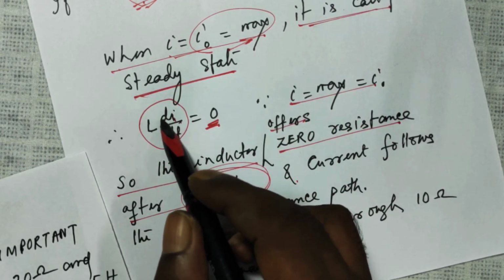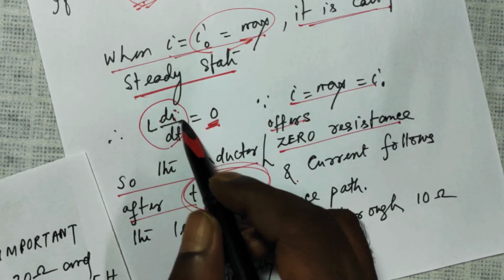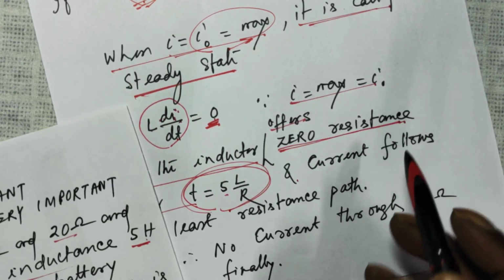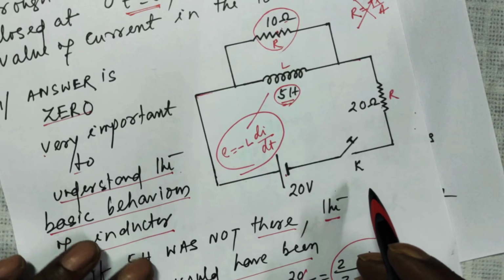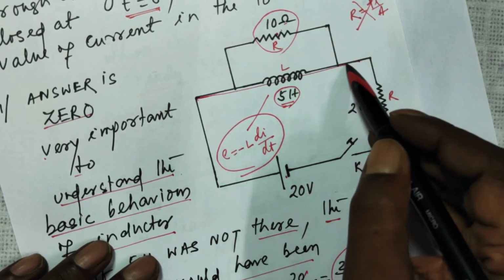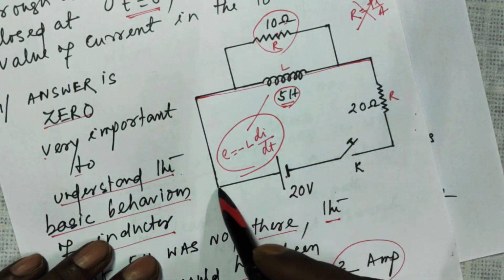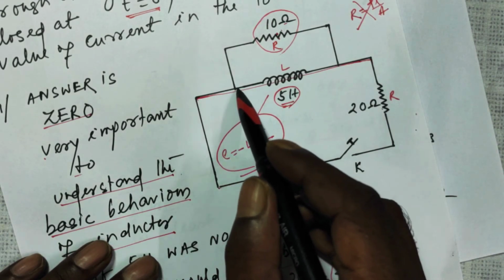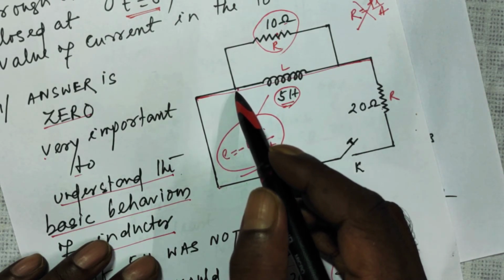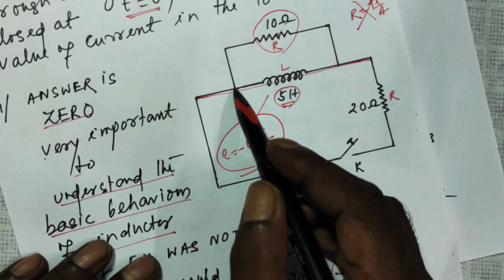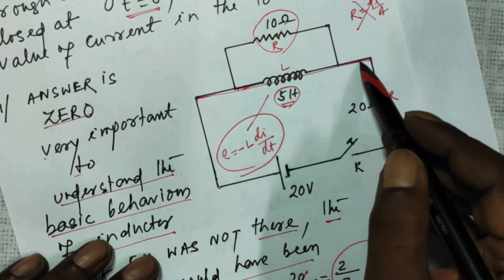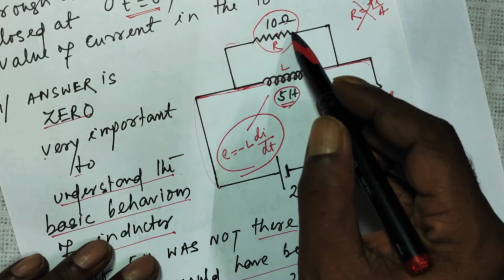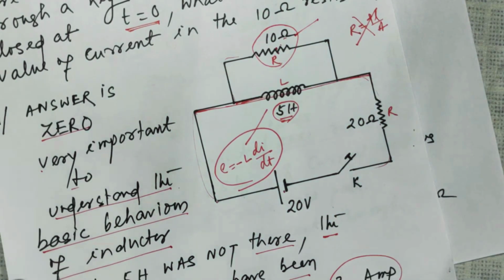I is maximum, the derivative of a constant is 0. So it is offering a 0 resistance path. So finally this path is offering 0 resistance. So the current which starts from here, arriving here, will follow the path of least resistance. So it will flow this way. So no current will pass through the 10 ohm resistance.